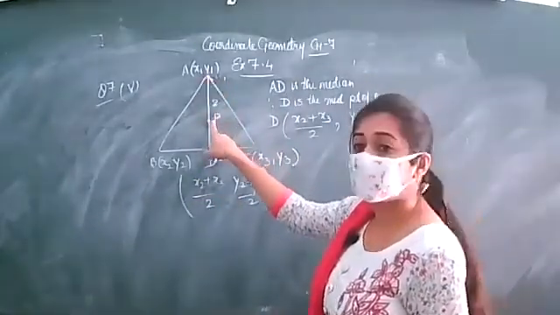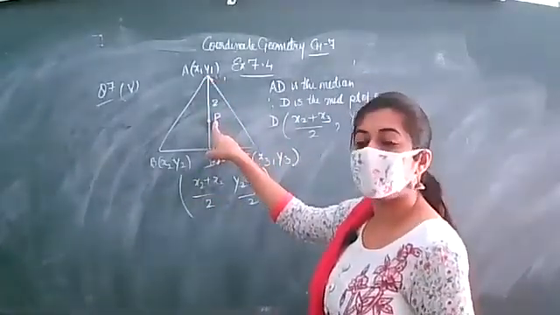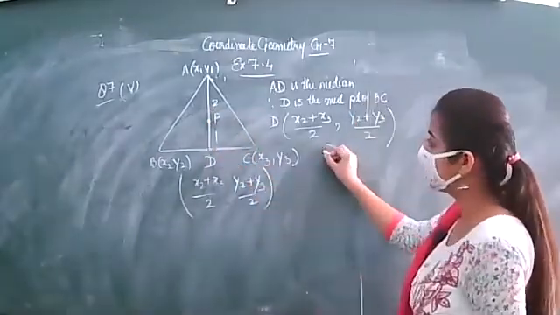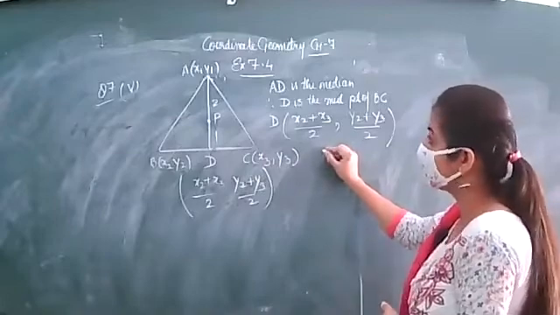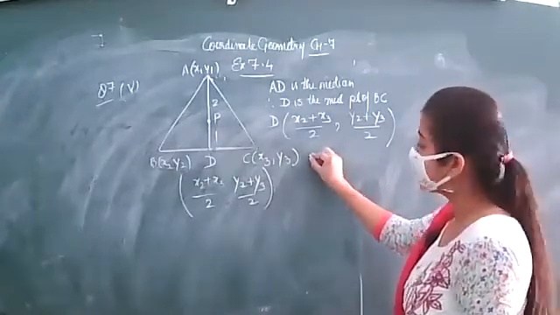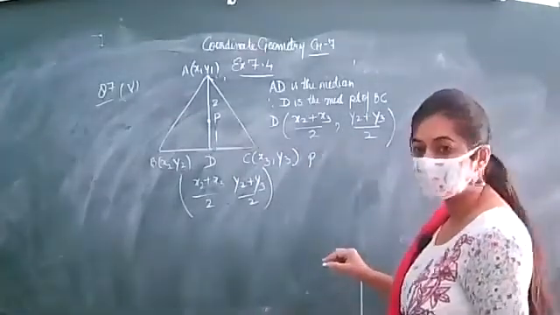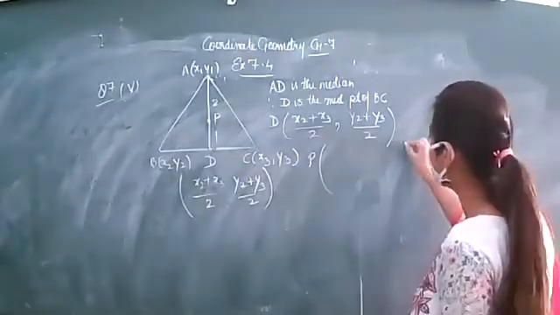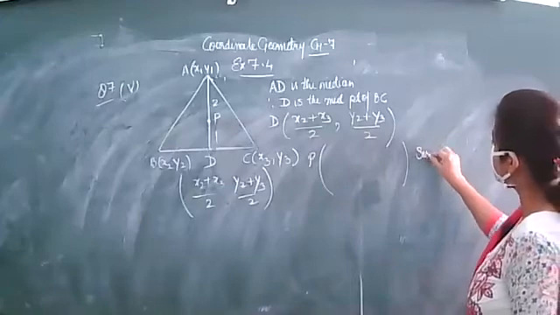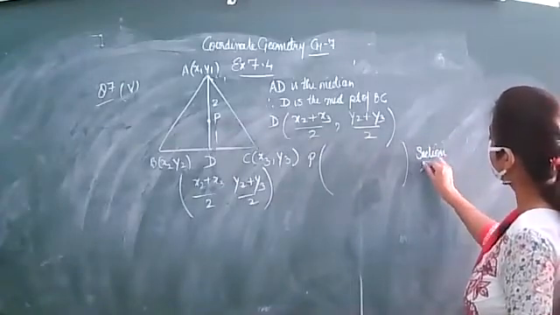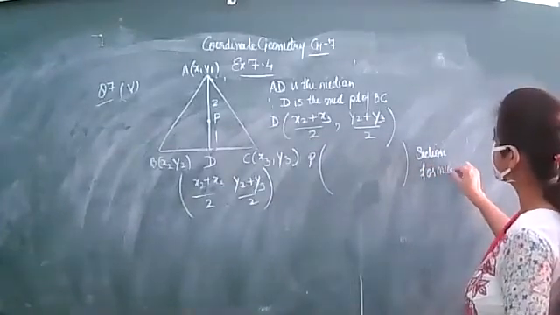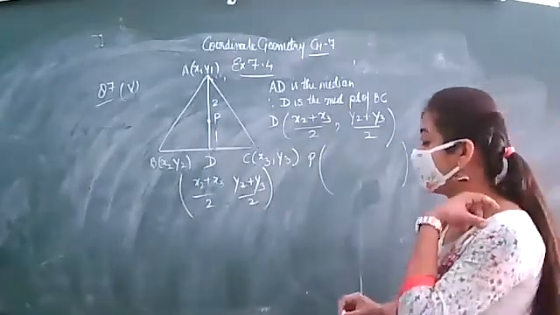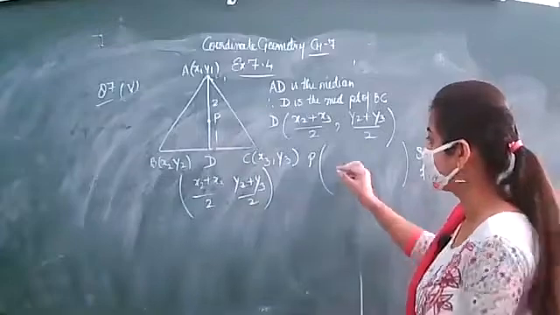So now let's find the coordinate of P by using the section formula with the ratio 2:1. Coordinate of P will be obtained by the section formula. I'm not writing the formula here, but you will always write the formula before proceeding, otherwise there will be a deduction of marks.